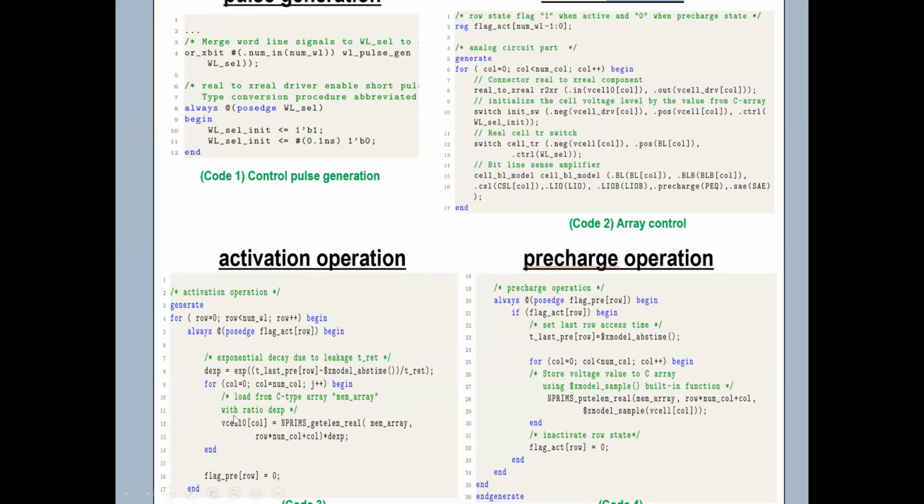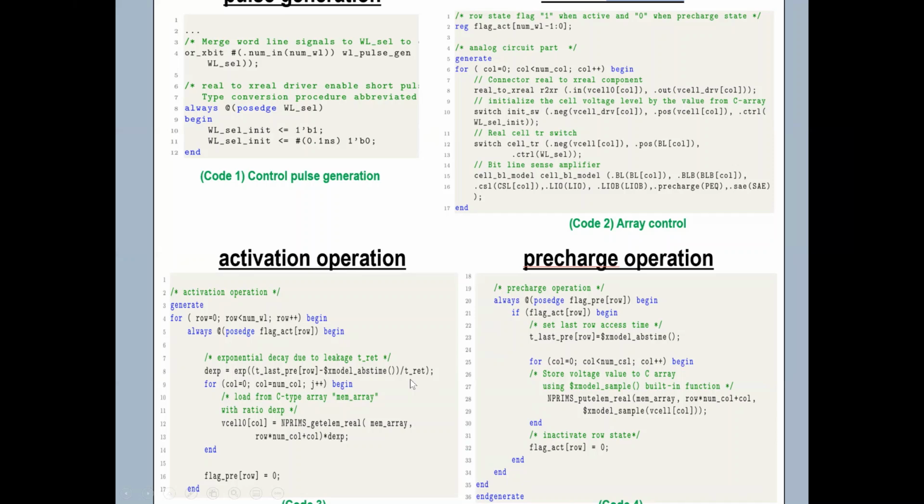The EXP value here is to compute charge loss due to device leakage during the inactive period. We can calculate its exact amount by the RC time constant and the exponential function. The voltage level after charge loss is updated to V-cell 0 for every column.